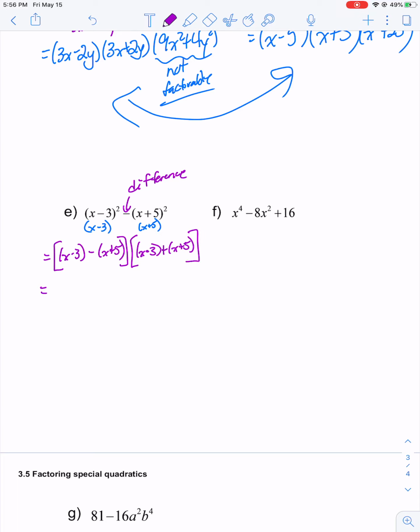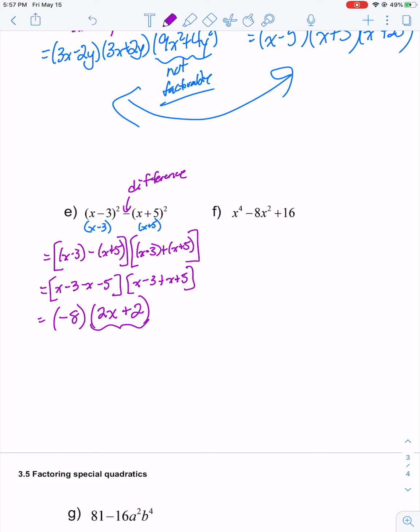And if we simplify this, this is going to be x minus 3 minus x minus 5, and x minus 3 plus x plus 5. The x minus x, that's no x's, so this is a negative 8 times a 2x plus 2.